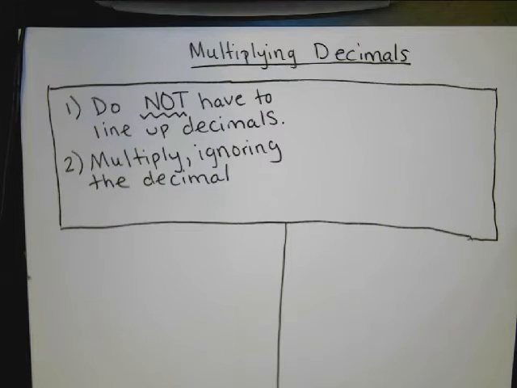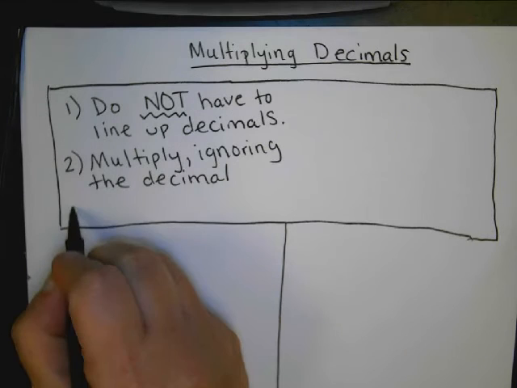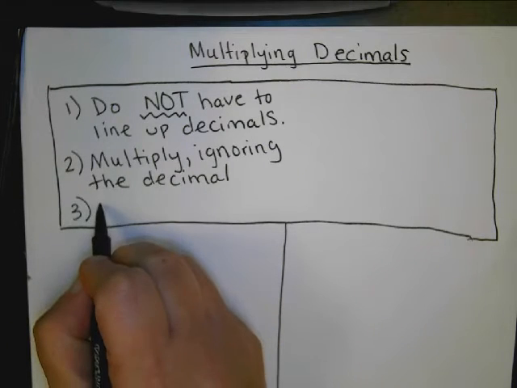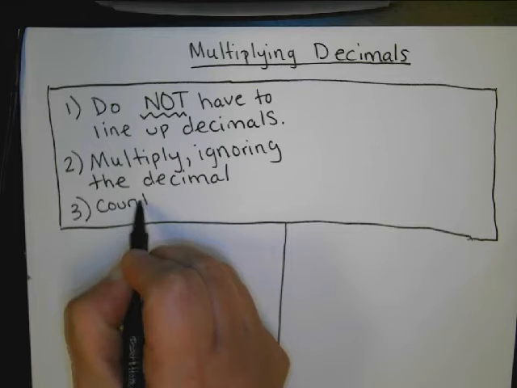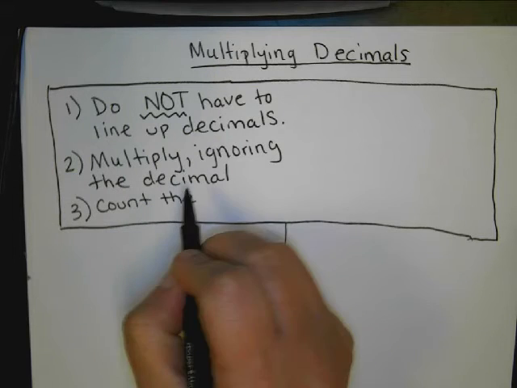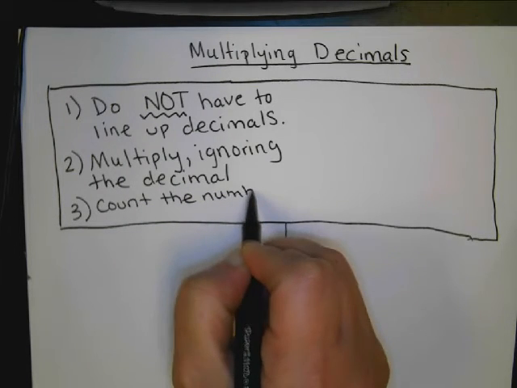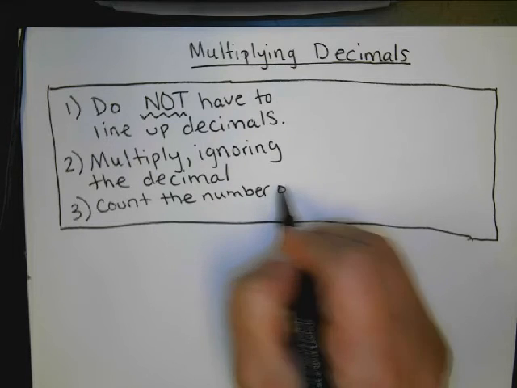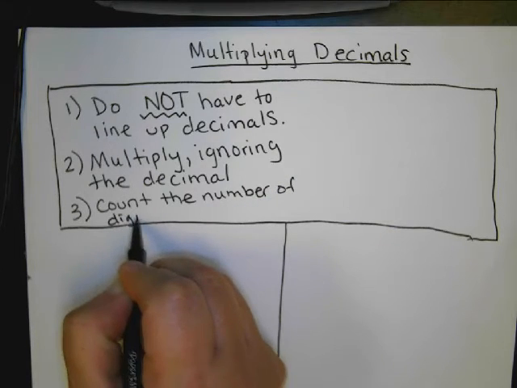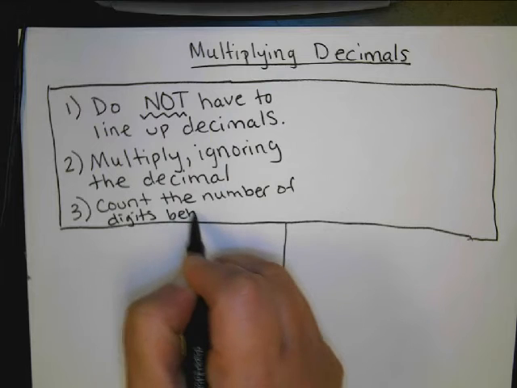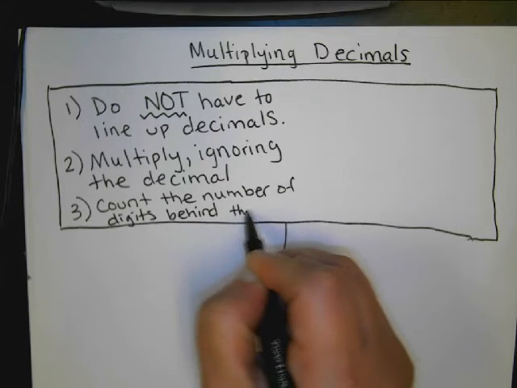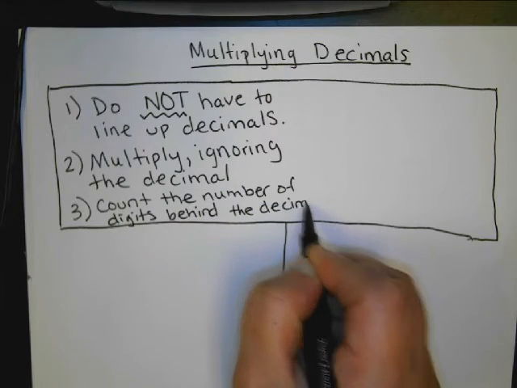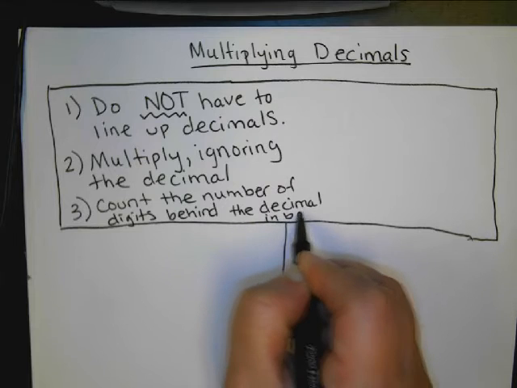Remember, if you need to pause to get these rules down, you can, and then just push play when you're ready to continue. And lastly, you're going to count the number of digits behind the decimal in both factors.